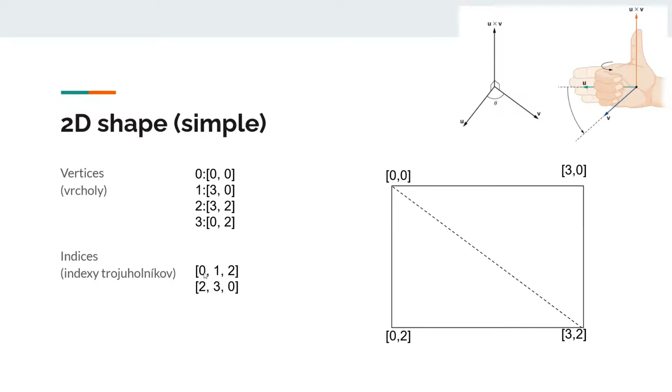And again, the order of these indices, as you can see here, 0, 1 is here, 2 is here, and then here. The order is really important, because the order of these indices actually defines how the triangle is oriented.